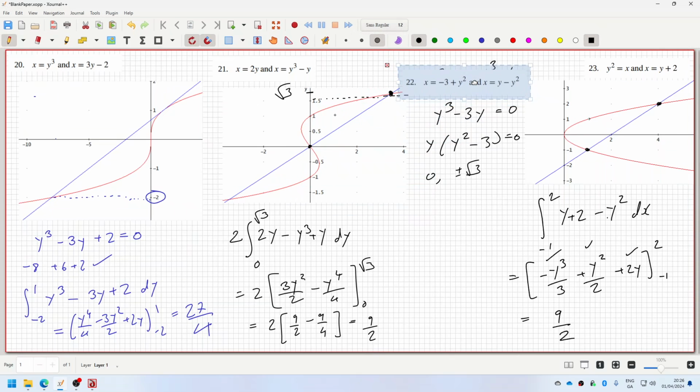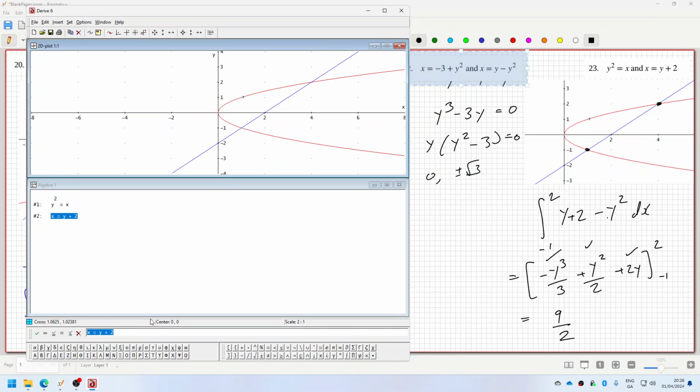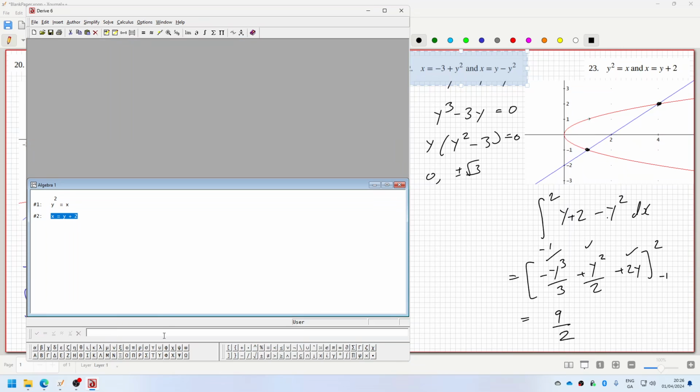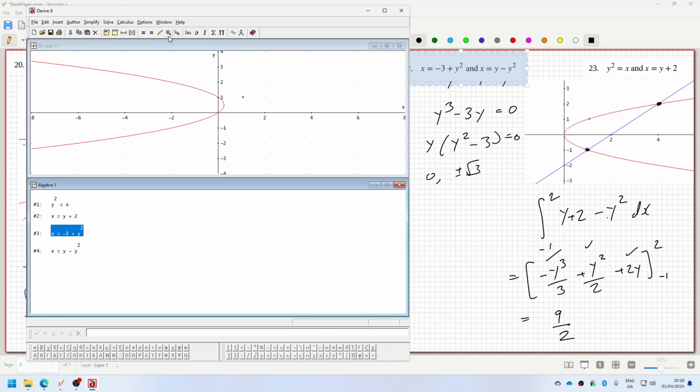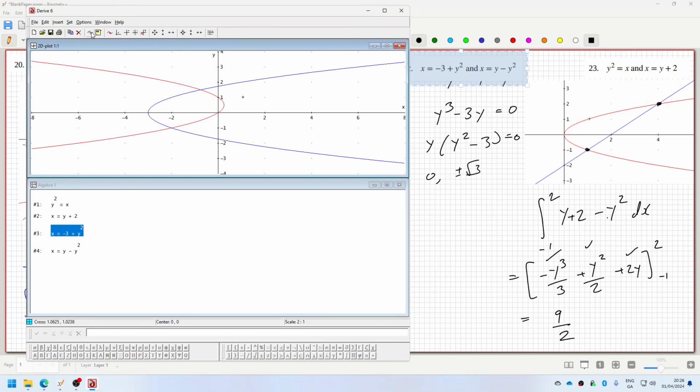I'll just squish it here. x equals minus 3 plus y squared, and x equals y minus y squared. Groovy.